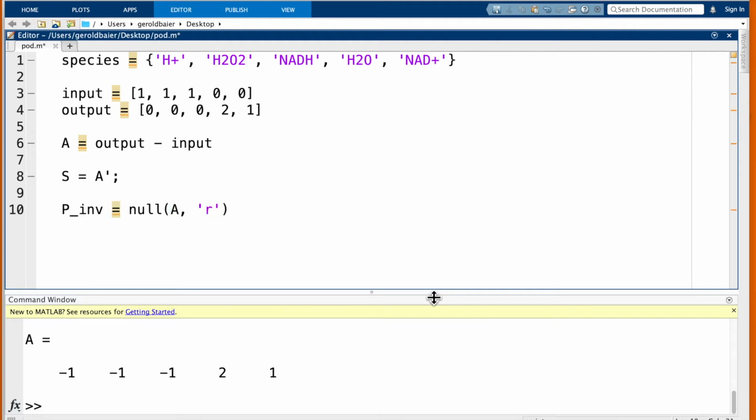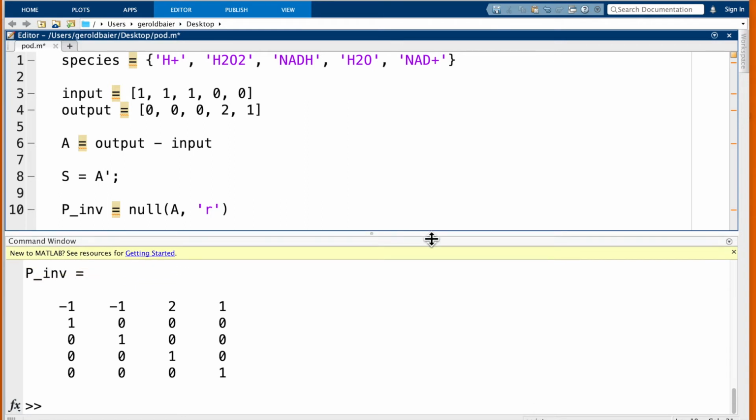That's in case we have small numbers. So we can execute this code, and we can see that there are a couple of columns, meaning a couple of invariants. So let us remember the interpretation.